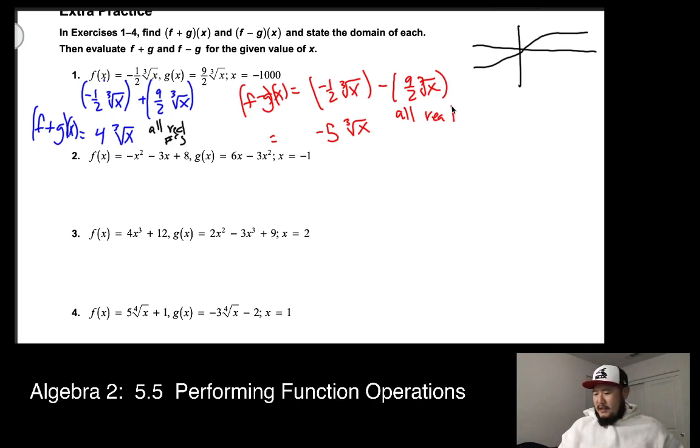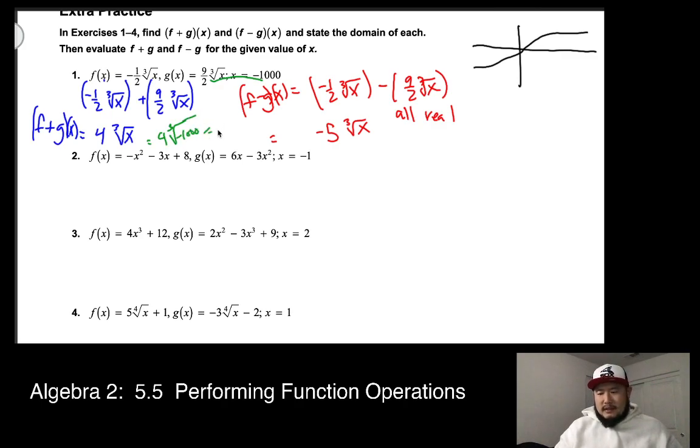There is one last thing that I did not do, and the question says to evaluate when x is equal to negative 1,000 in this problem. So you're going to need to plug in negative 1,000 into each equation that we came up with, and then simplify. So we have 4 times the cube root of negative 1,000.